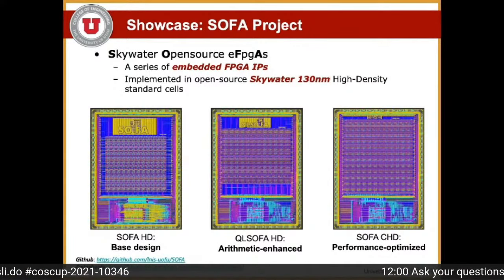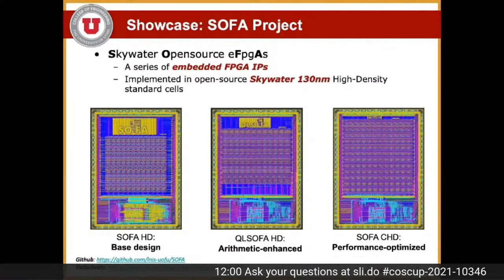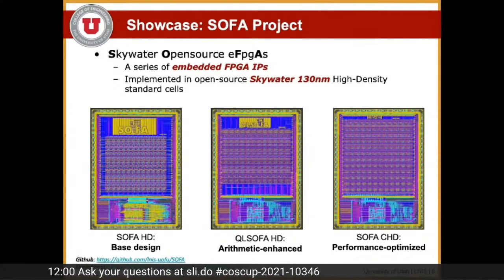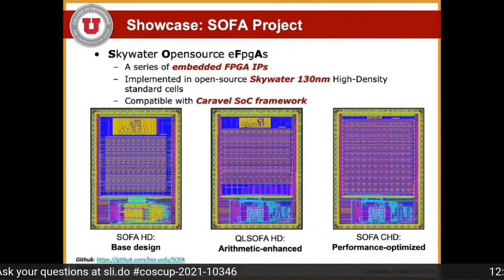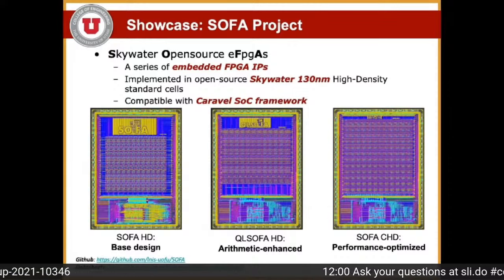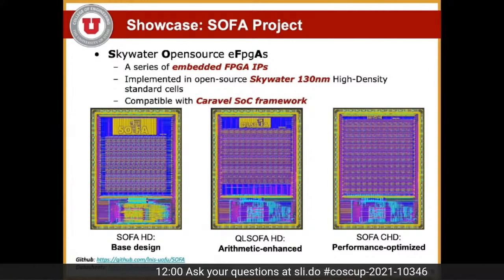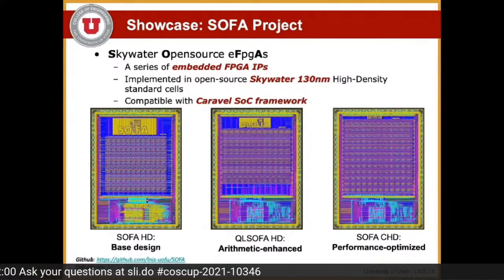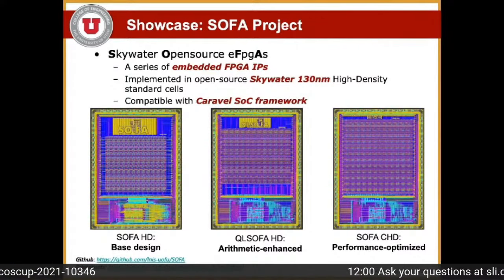All these eFPGA IPs were implemented in the open source Skywater 130nm high-density standard cells, being compatible with the Caravel SoC framework. As I said, these eFPGAs are open source from top to the bottom, from the Skywater PDK to the final layout. You can find everything on our GitHub as well as the datasheets online.